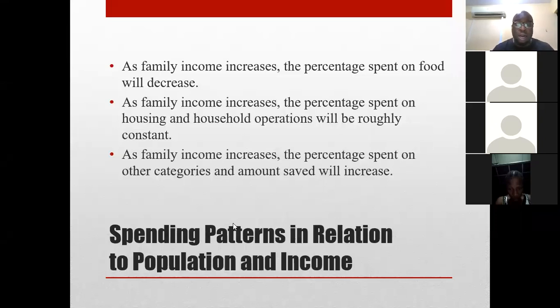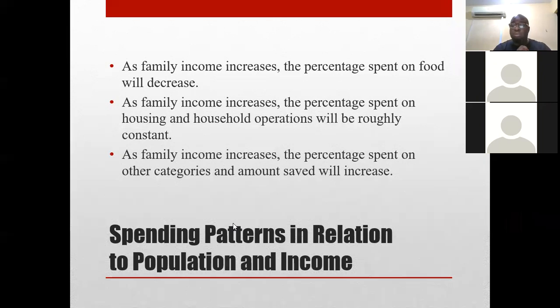Out of 1,000 naira, you are spending 200 naira on food. And then you are spending another maybe 300 naira on transport. And then when you sleep that night, you put away at least 300 naira for your housing.